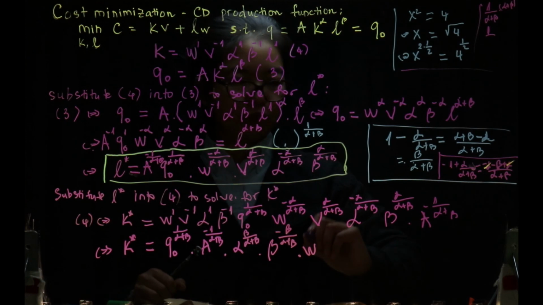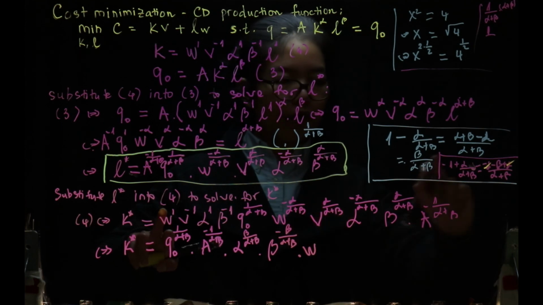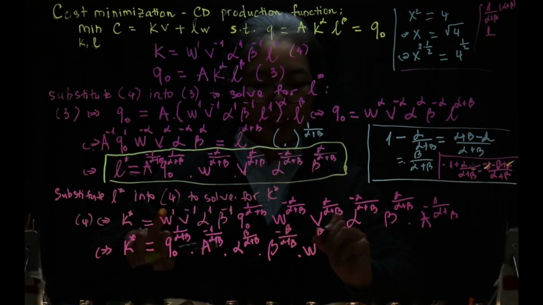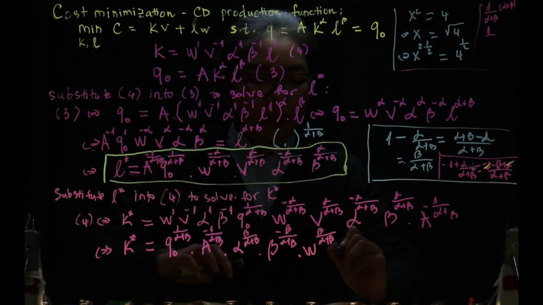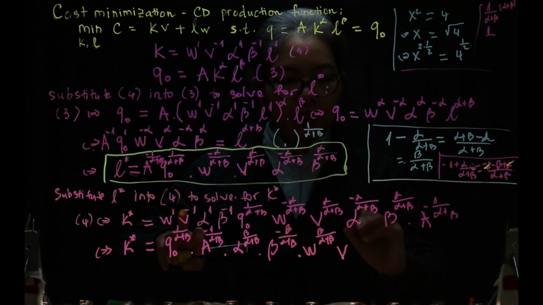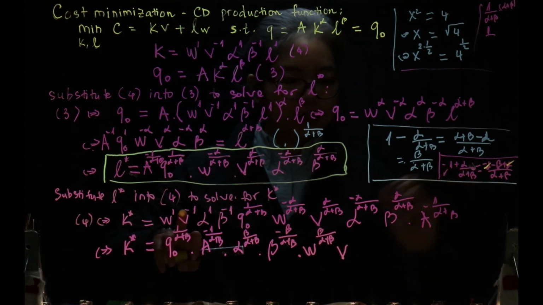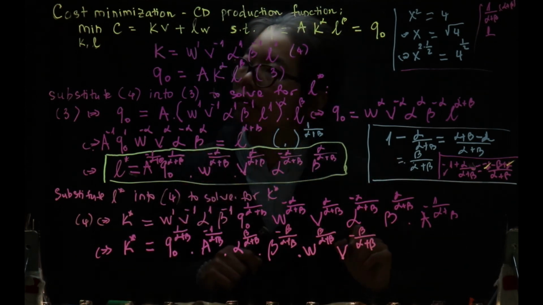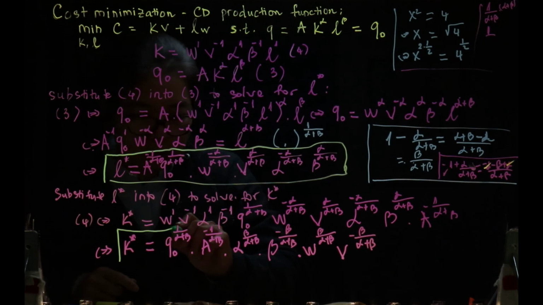Then W, similar thing, because here 1 minus alpha over alpha plus beta. So that is beta over alpha plus beta, right? And then V to the alpha over alpha plus beta. So that is this case. So you have minus beta over alpha plus beta for beta, right? And this is the second contingent input demand.